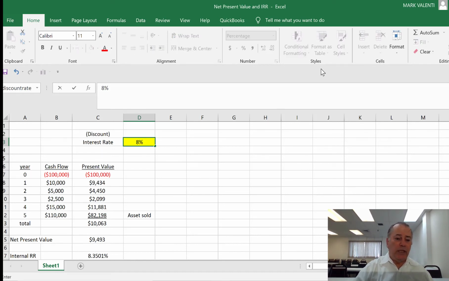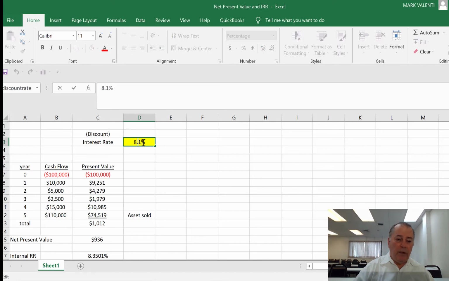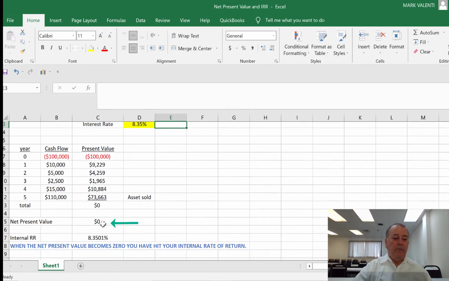So if we change that to 8, we're getting closer. 8.1, we're getting closer. So if we go 8.35, that comes up to 0.